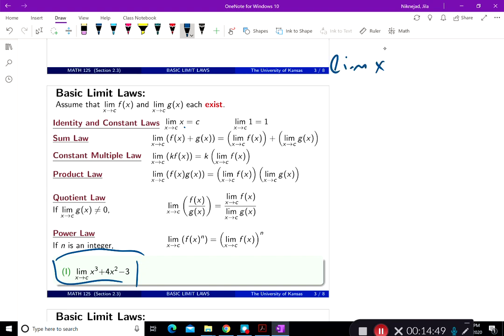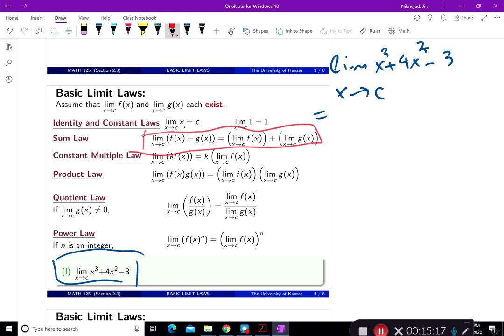So we start with the limit as x approaches c of x to the third plus 4x squared minus 3. The first law that I'm going to use: when I'm looking from outside, I see sums and minuses, so there are a bunch of terms and I want to separate each term. To do that, I use the sum law.